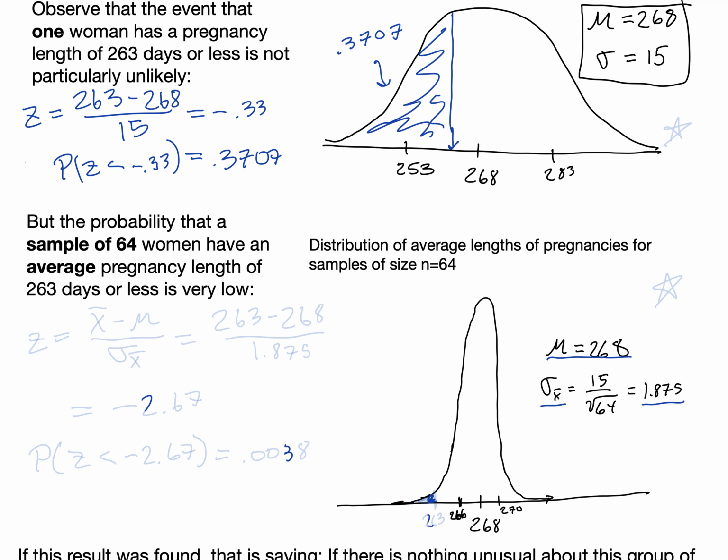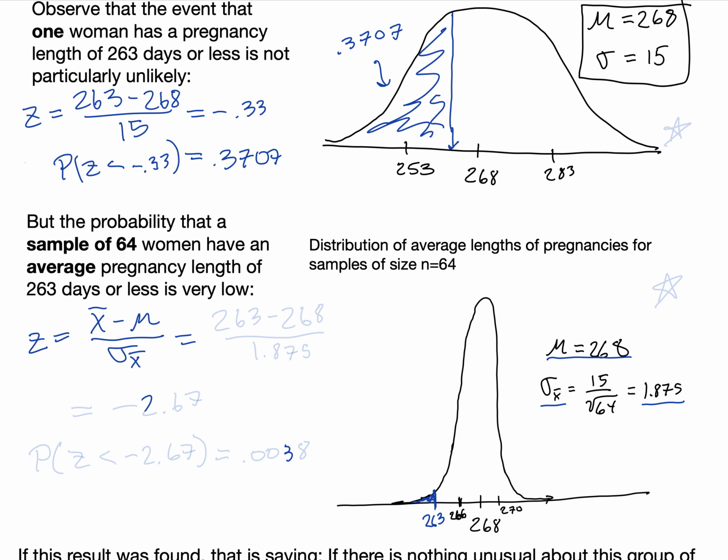So here's that normal distribution, with the approximate standard deviation, one up and one down, shown. And now we're looking at a pregnancy length of 263 days or less on average for this group of 64 women. This probability, as we can see visually, will be much smaller. To be precise, if we did a z-score, this is really a sample mean minus the mean for the distribution, divided by the standard deviation for these sample means.